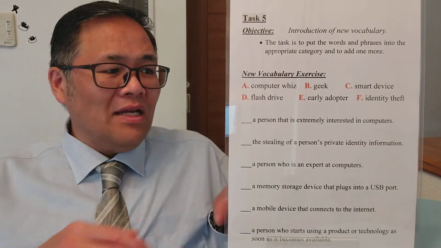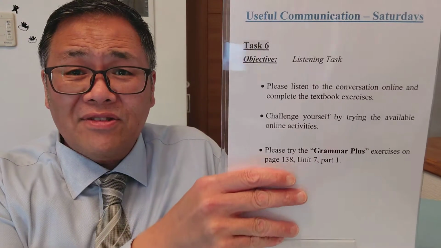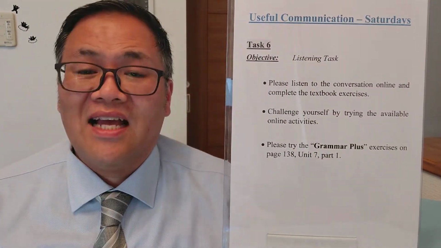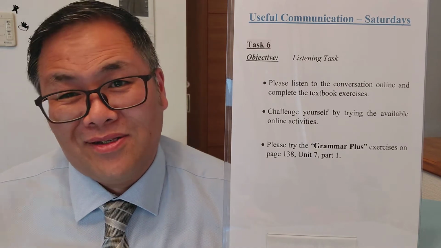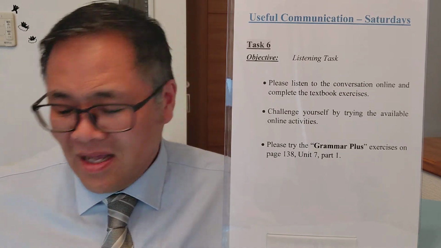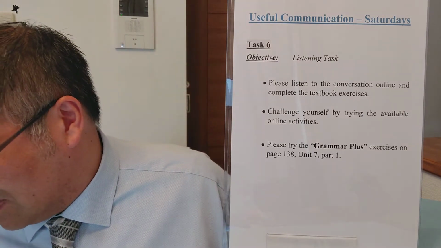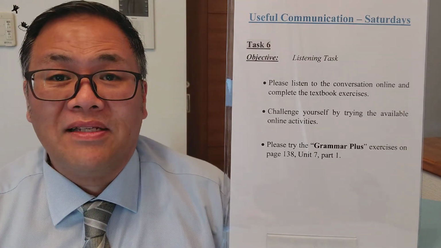Now let's move on to the last task, number 6. Unfortunately it's a listening activity. I can't play any audio for you because of copyright laws, but it was a listening task where you listen to 2 people talking about the best applications.